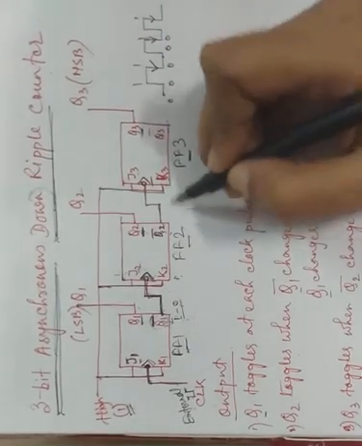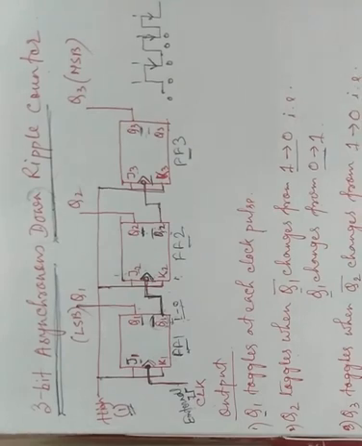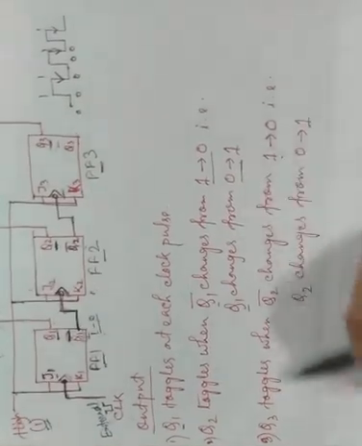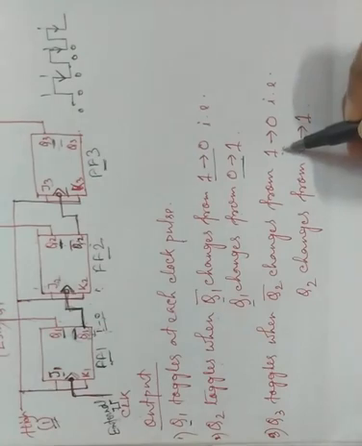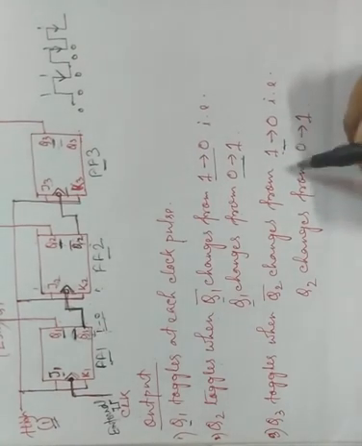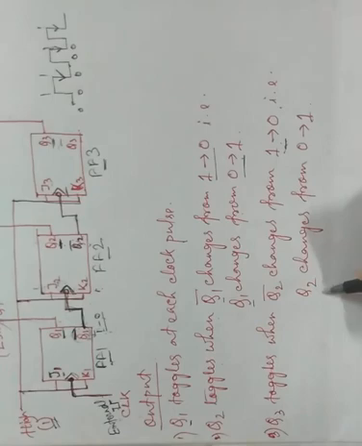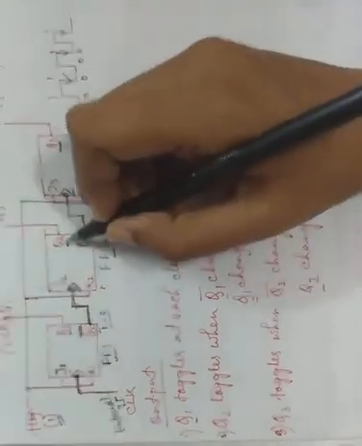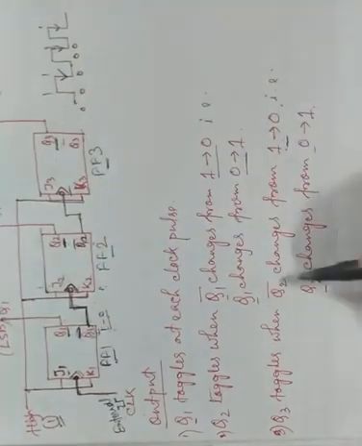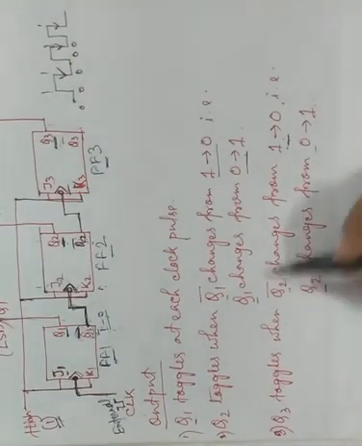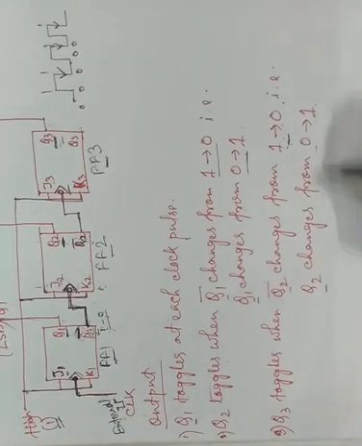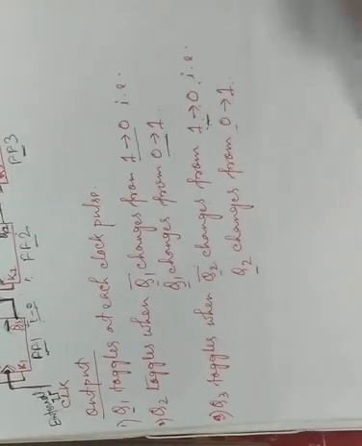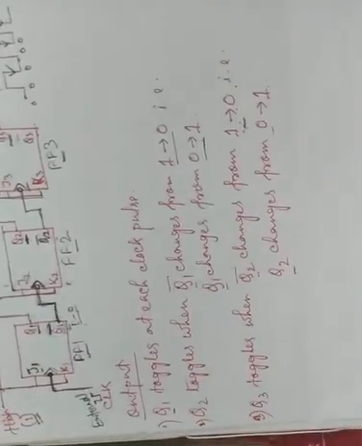Similarly, Q3 toggles when Q2 bar changes from 1 to 0, which means whenever Q2 changes from 0 to 1, because Q2 is the complemented value of Q2 bar. So this is how we get the output from an asynchronous counter. This construction is very easy in comparison with a synchronous counter.